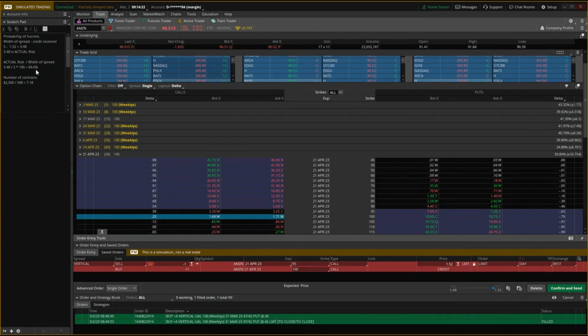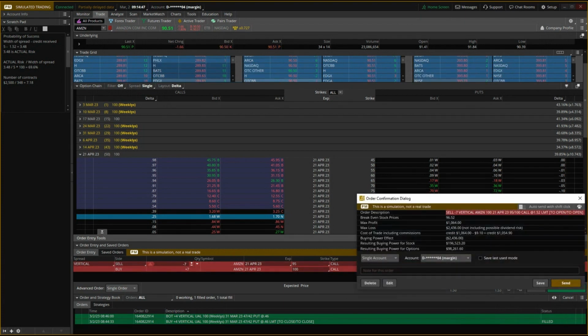Now we're going to put $2,500 of our money to work. How many contracts am I going to buy? I'm going to take my capital, $2,500, divided by my actual risk, and that gives us 7.18. So we're going to be buying 7 contracts here. Let's adjust our number of contracts to 7, and let's take a look at the numbers again. First thing I like to look at is right here.